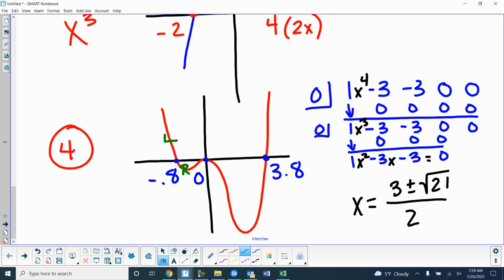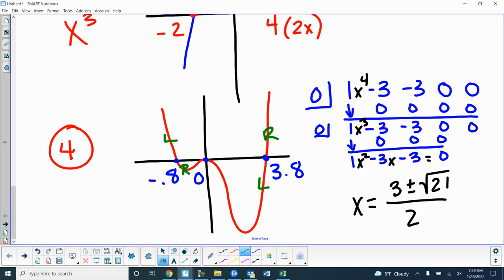Make sense? Over here, though, left bound's here and right bound's there. Okay? So you have to tell the calculator which 0 to look for. So you got to give it boundaries. It's going to ask you for left bound, right bound, and then when it asks for guess, hit enter and it'll give you those numbers. Okay?